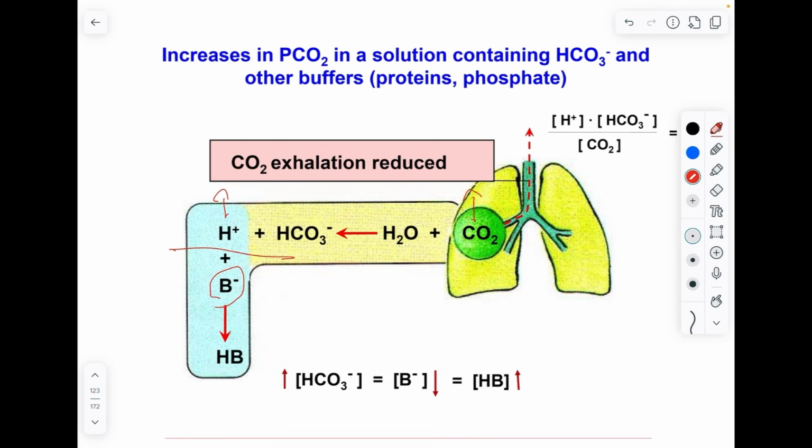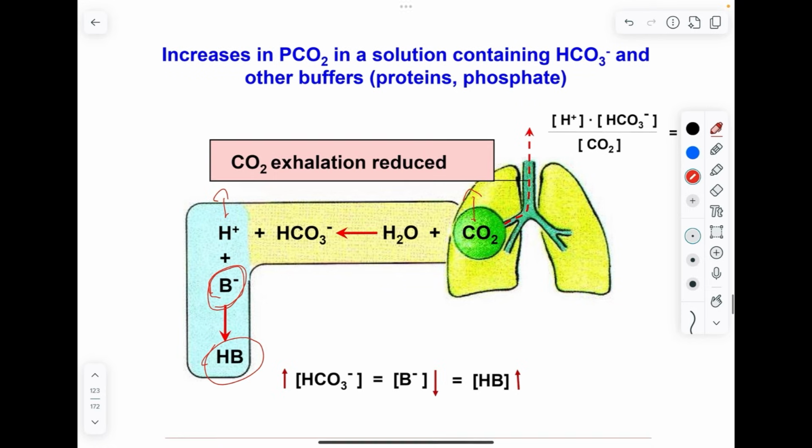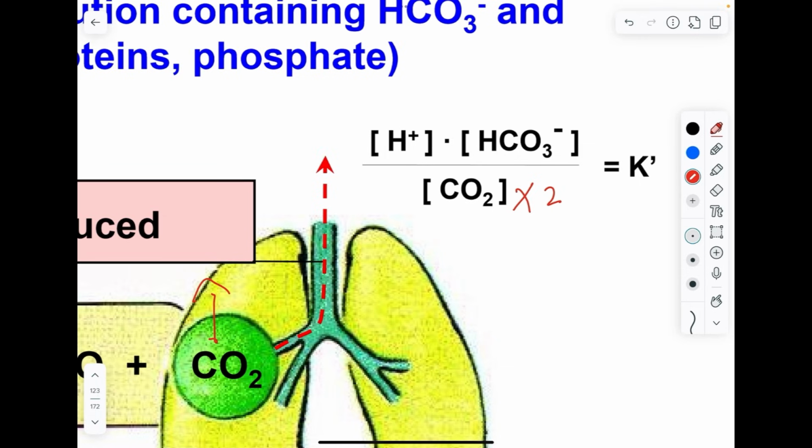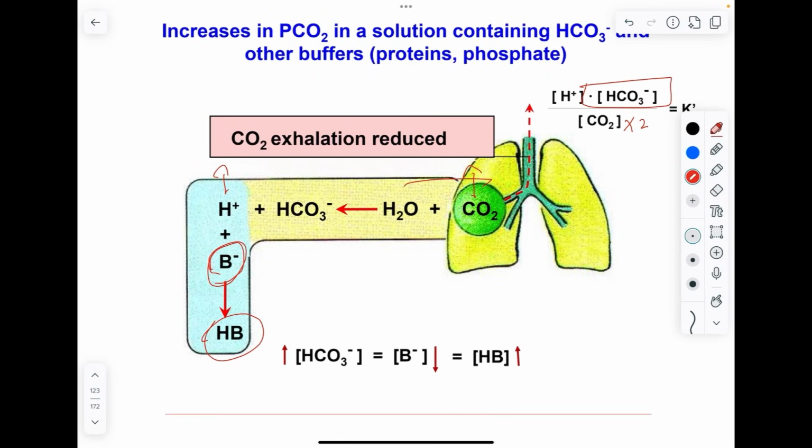But now that we have another buffer, this H+ will increase and then it will be bound by this buffer, giving us this. So no, we didn't change much, because you doubled this, but this didn't change, and the change in this is very minimal. So the next molecule goes, and H+ increases, but it's bound by this buffer, and more, and more, and more.